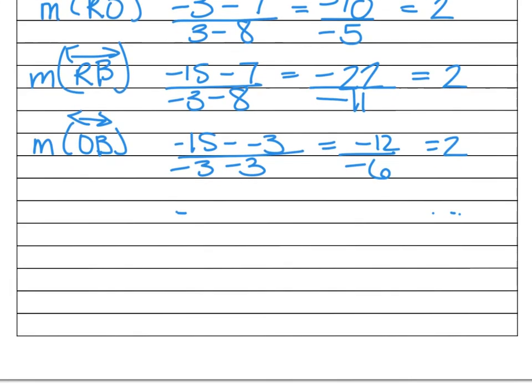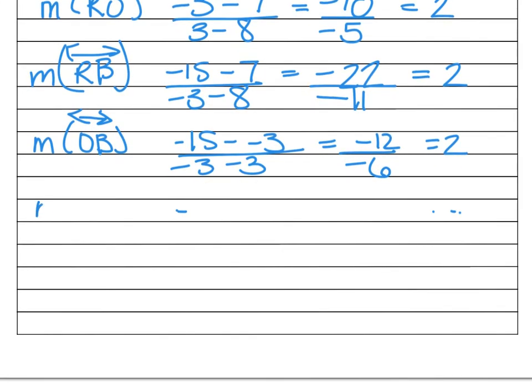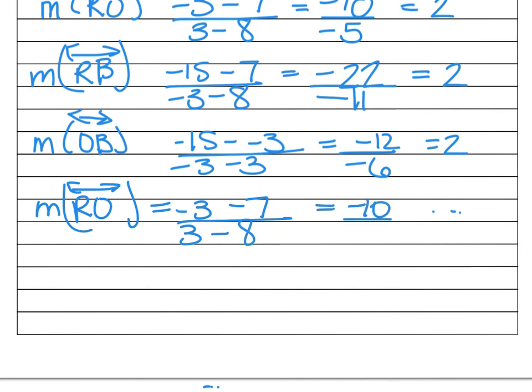And we can go ahead and do the last one as well. We have the slope of RO. And we're going to plug in negative 3 minus 7 over 3 minus 8. And we get negative 10 over negative 5, which is also 2.